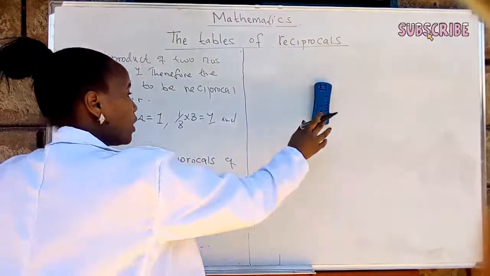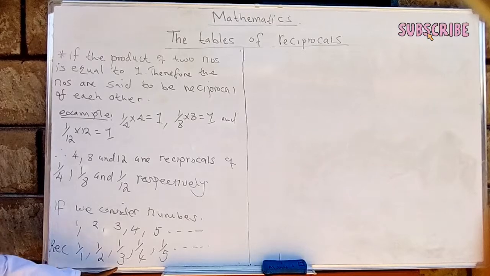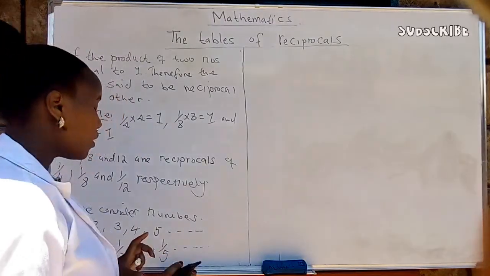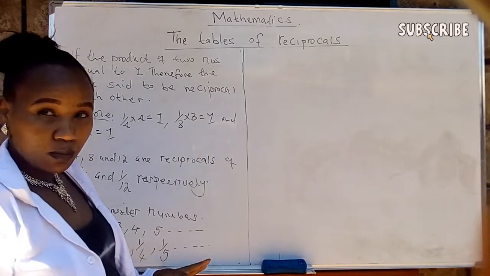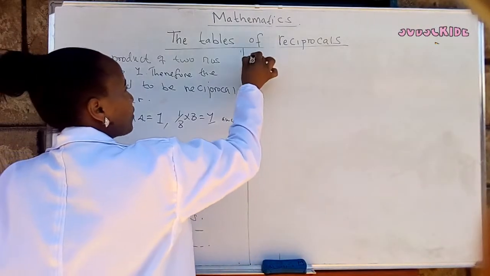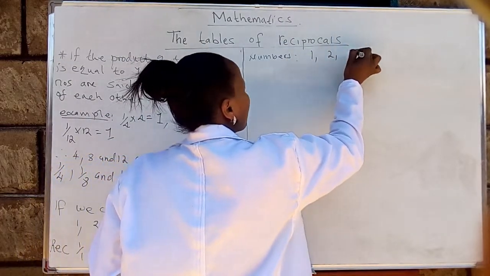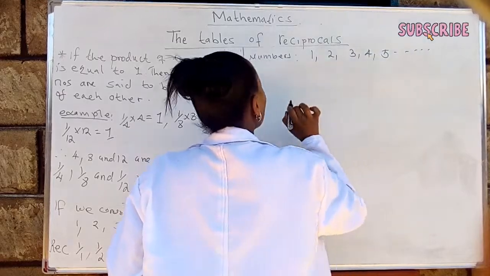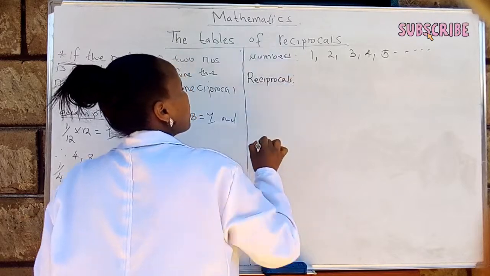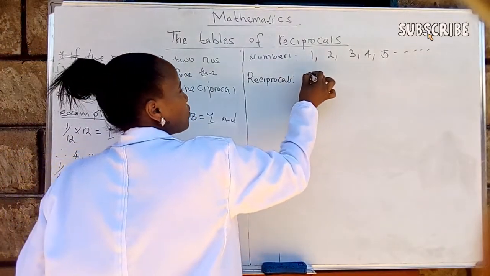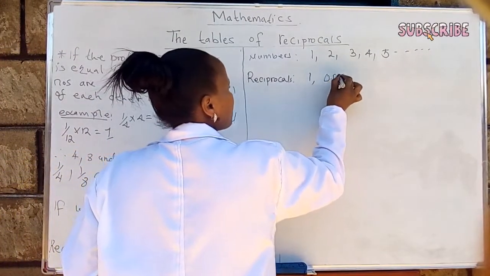Okay? Now, if I write these fractions in decimal form so that we can see the reciprocal in decimal form, then it means that numbers 1, 2, 3, 4, 5, and so on, their reciprocals in decimal form will be 1 over 1 is just 1, 1 over 2 is half, that is 0.50.